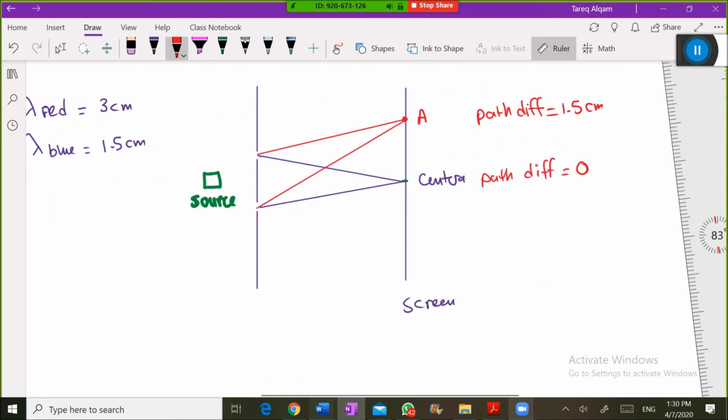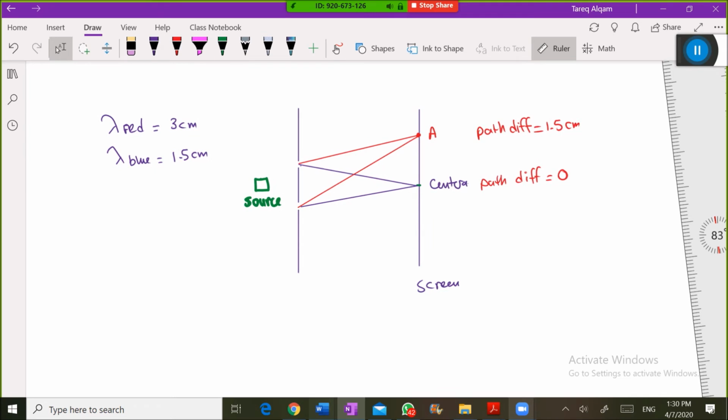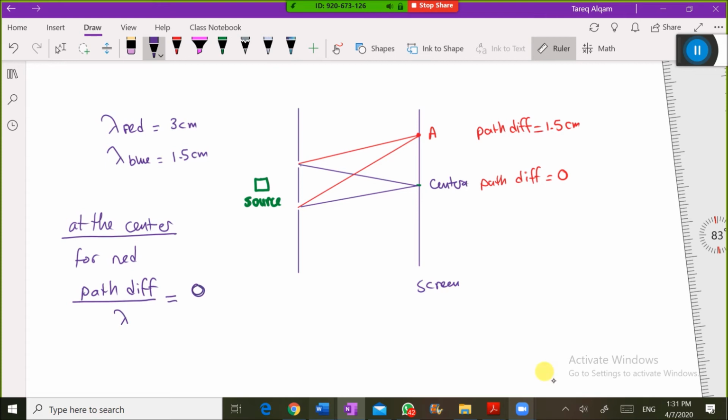Okay, guys. Now if I want to check what will happen at the center for red, to know or to judge if it's constructive or destructive, I have to divide the path difference over lambda, right? The path difference is 0, lambda is 3, so this is 0. Is that an integer, guys?